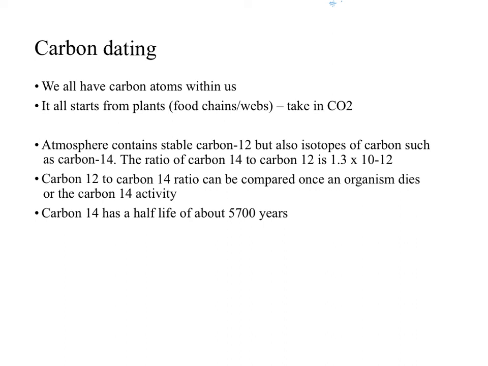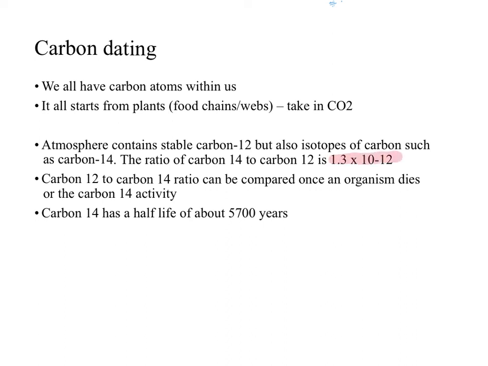So we know that the atmosphere contains mostly the stable carbon-12, but there are also isotopes of carbon, such as carbon-14. In nature, we are assuming that the ratio of carbon-14 to carbon-12 nuclei in the atmosphere is constant, even though we know that it might not be.